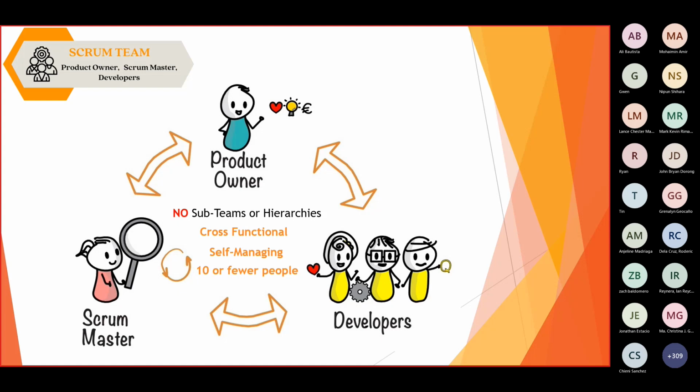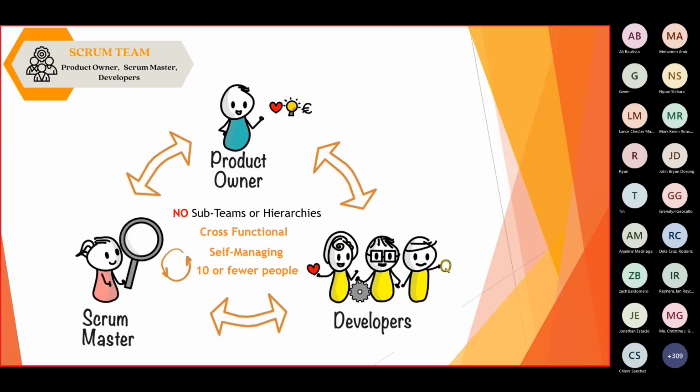That's why if I really have to have a big Scrum team, it is advisable to split them into different Scrum teams, otherwise it would be complicated. Okay, so let's go in depth for that one.